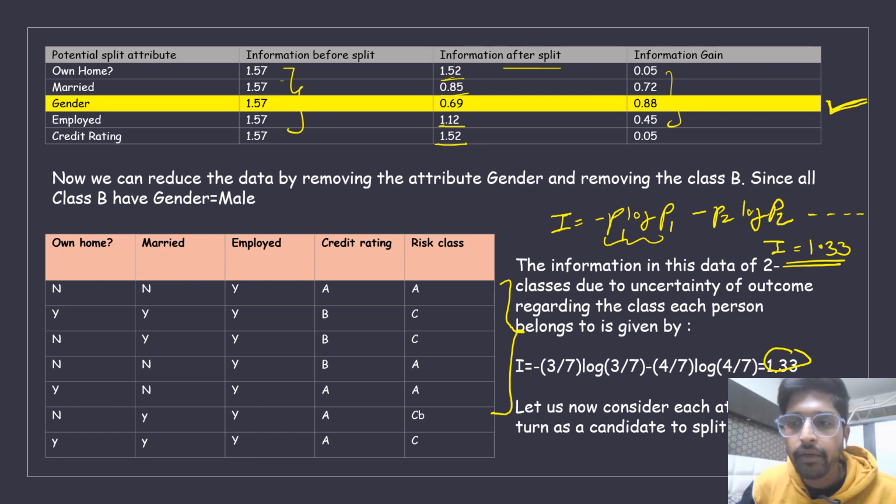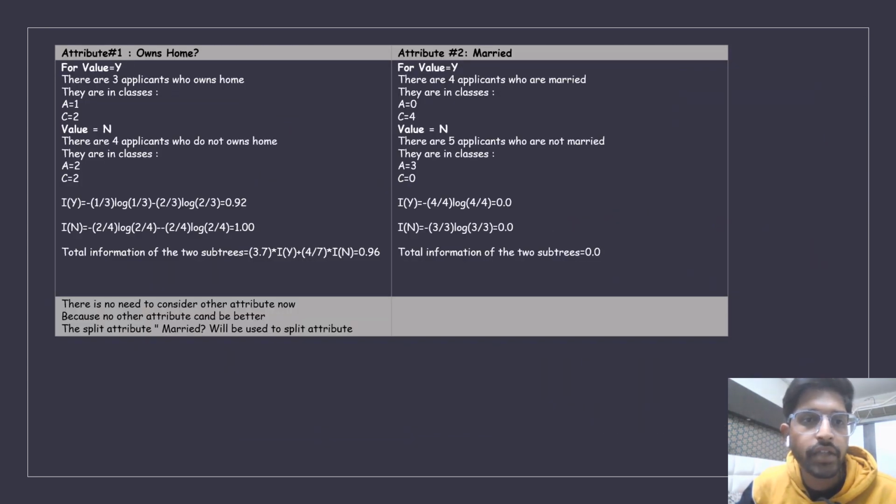Now we will calculate the information for each attribute. As we can see, there are only two columns left, the owns home column and the married column. The IY and IN values for owns home are 0.92 and 1, and the total information of the two subtrees comes out to be 0.96.